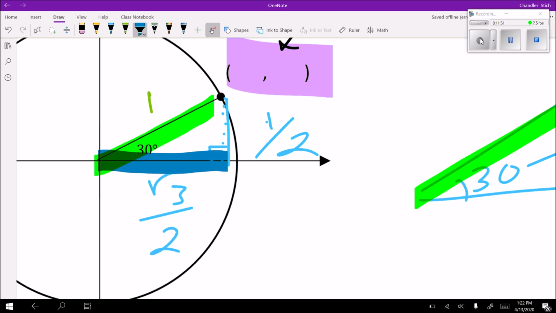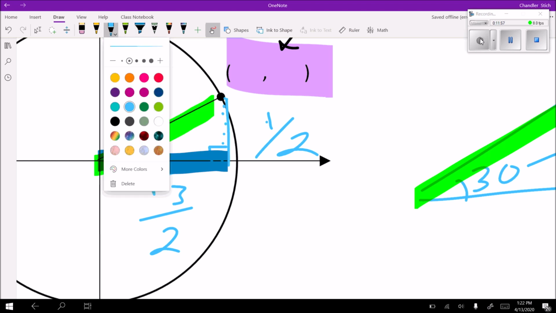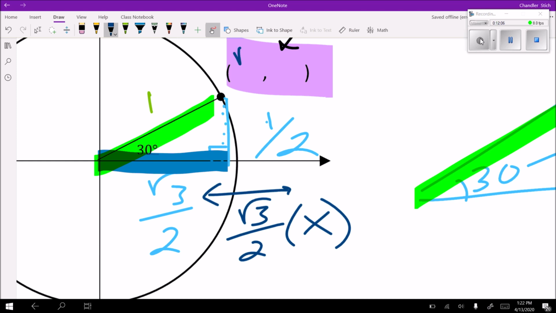This portion right here is root 3 over 2. Means that I'm going in what direction? I'm going left or right, root 3 over 2. What direction is your left or right? That is your x direction. I'm going from the center, I'm going right, root 3 over 2, or positive root 3 over 2.